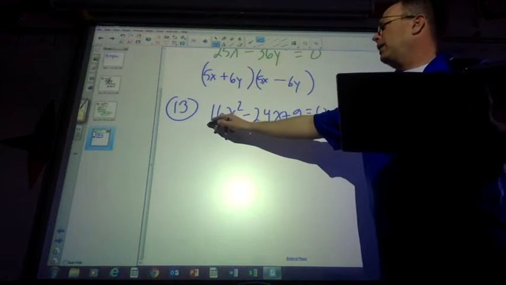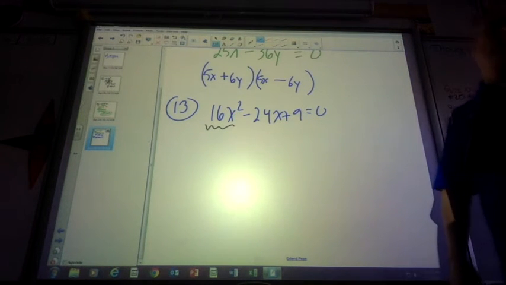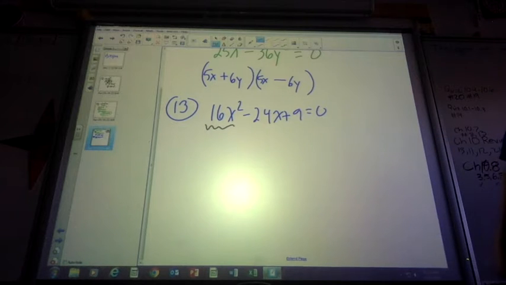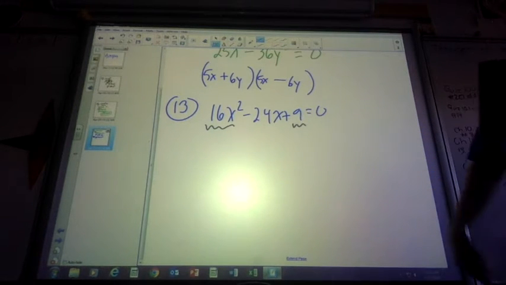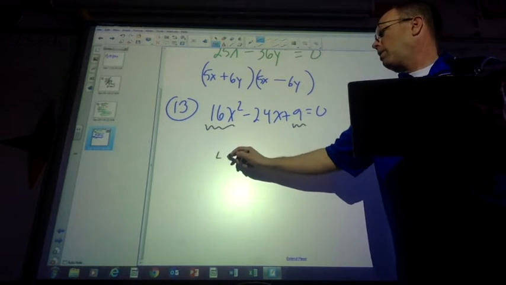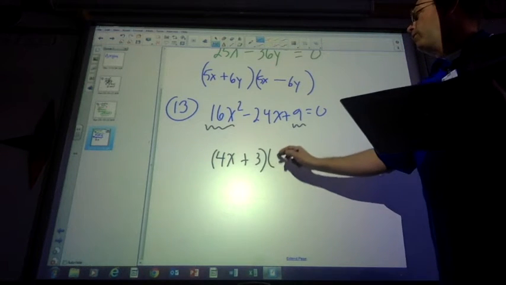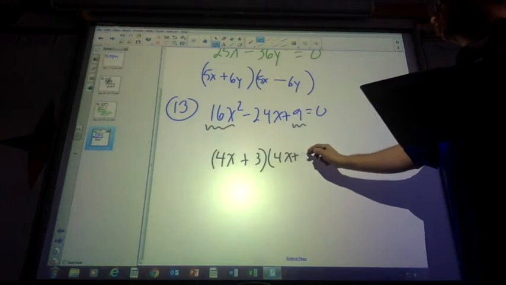So things that I would probably recognize is that I know that that's the same thing as 4x times 4x. It's also the same thing as 2 and 8. But my front and my back end numbers happen to both be perfect squares. So I think this problem is going to be 4x plus 3, 4x plus 3.